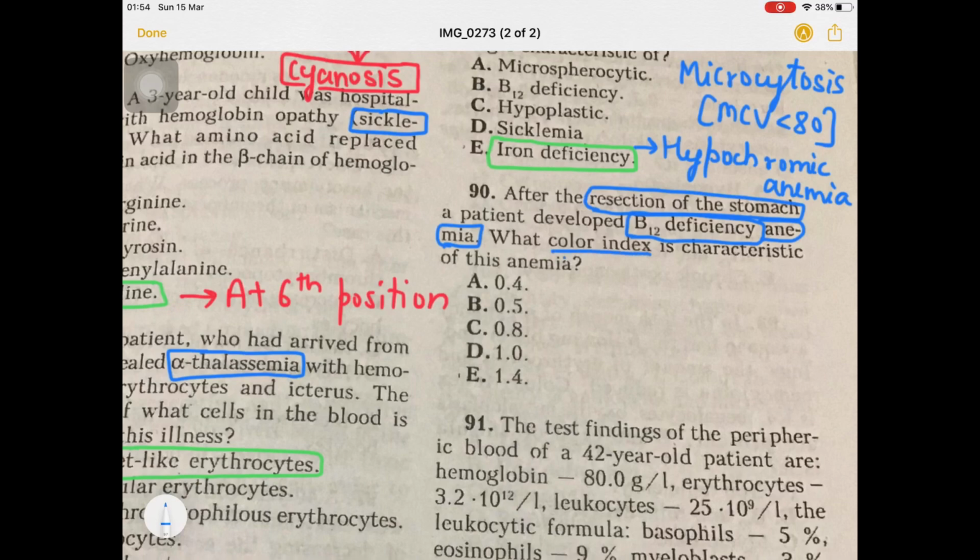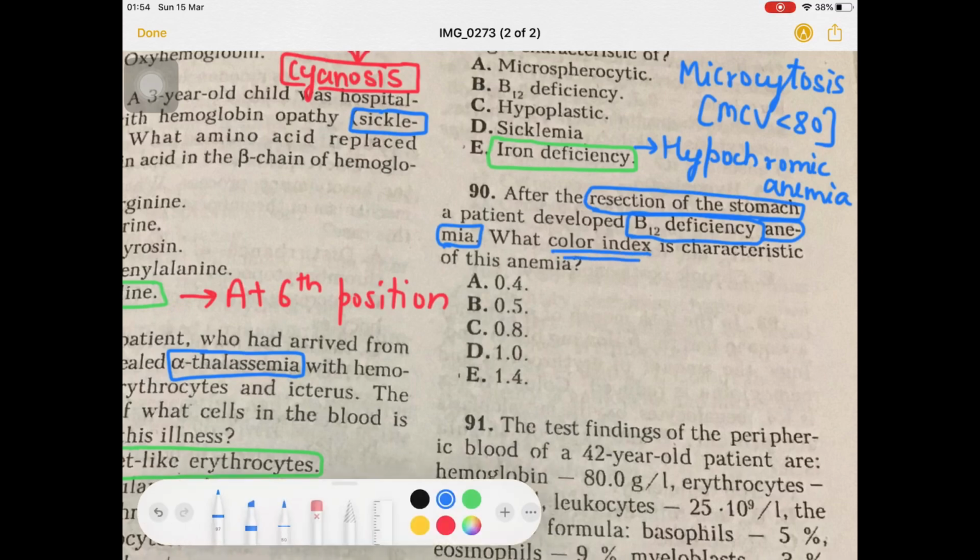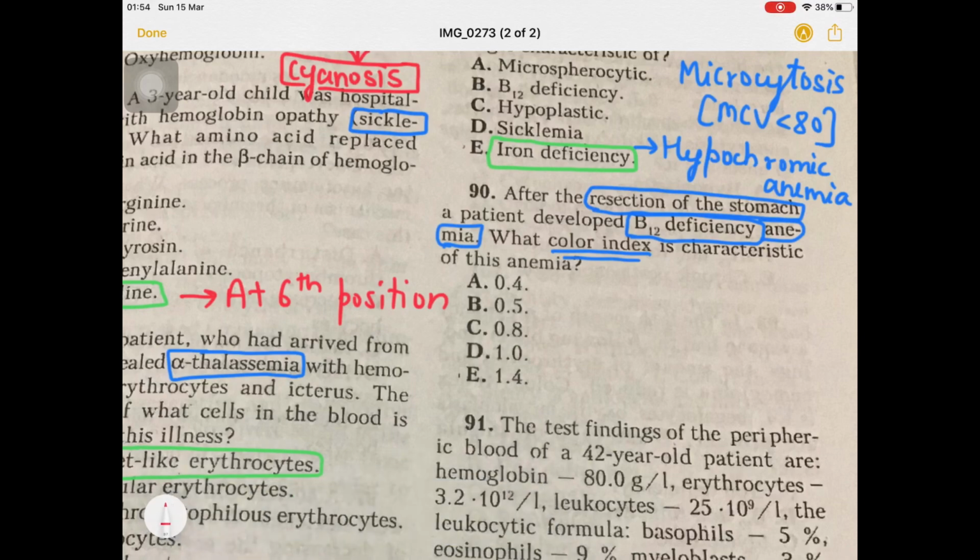What color index? So what is the normal value of color index? I would like to ask first of all. The normal range of color index is 0.85 to 1.15. We have already discussed that multiple times, and less than 0.85 is hypochromic, more than 1.15 is hyperchromic.